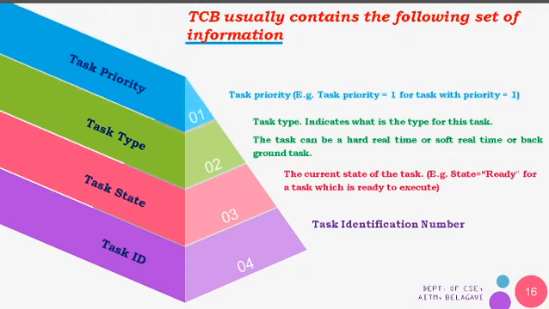The task state is the current state of the task, for example, ready for a task which is ready to execute. The task type specifies the type of the task, which can be hard real time, soft real time, or background task. Then task priority, for example, a task with the priority equal to 1.